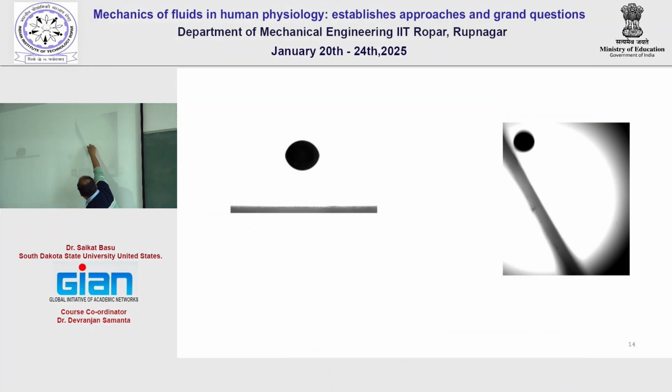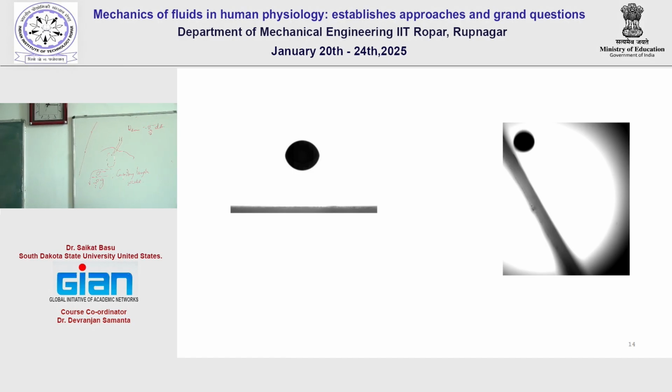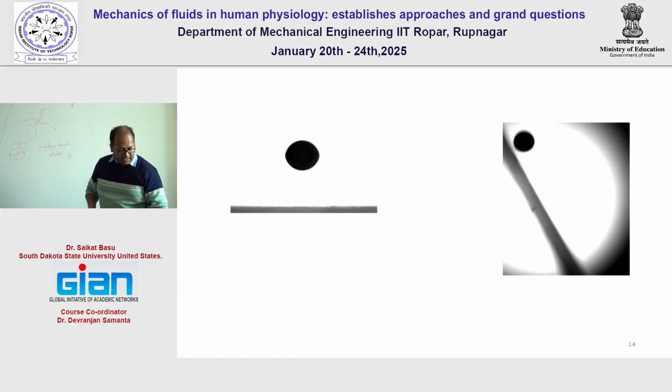You could have seen an actual black line here due to the lighting and the lack of magnification, but with proper magnification you can see a thin ligament forms. These filaments are essentially features of any non-Newtonian drop impact dynamics. These were observed by Somo, who has passed, and Khusro has also seen such things.